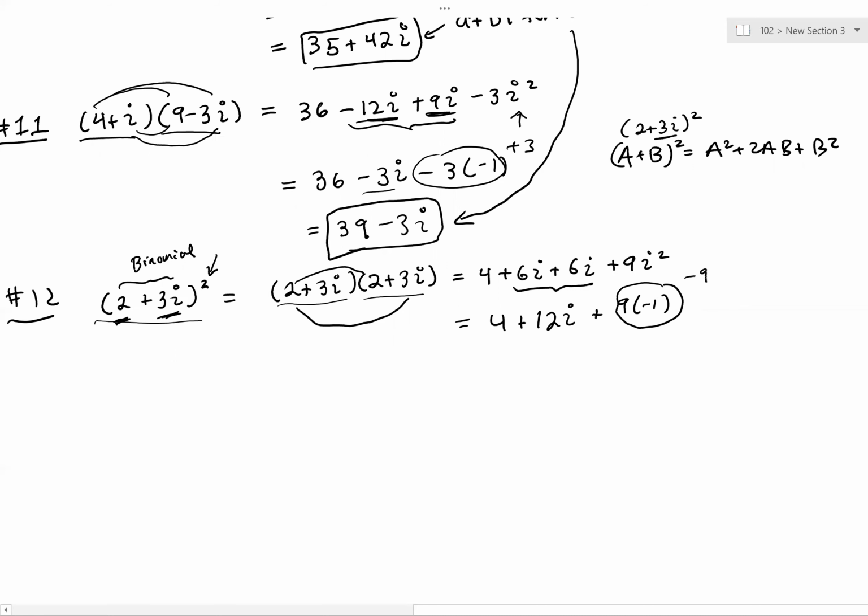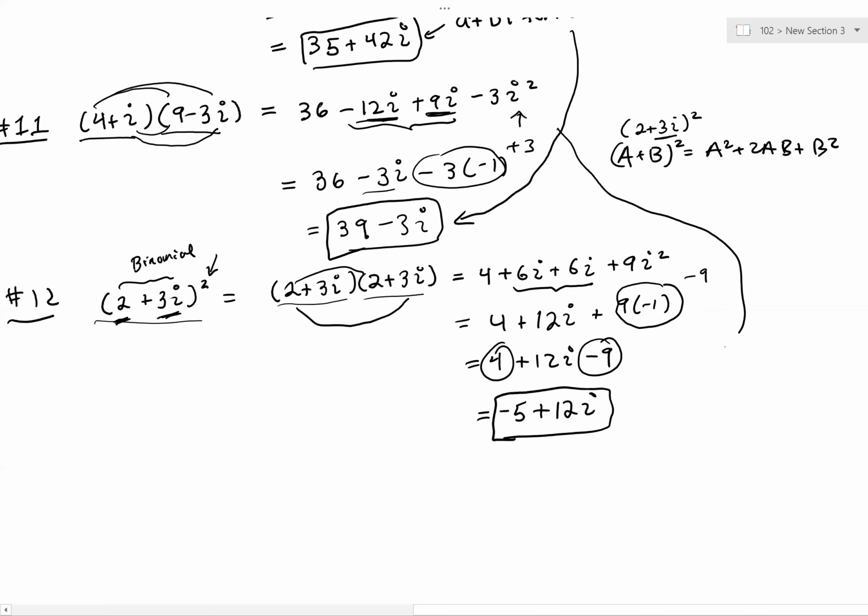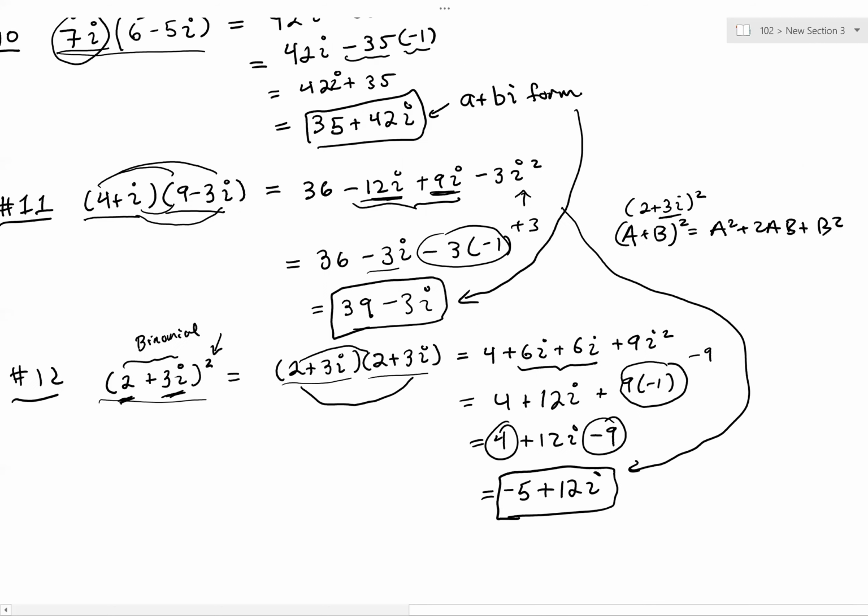So really that's subtracting 9. So really we have 4 plus 12i minus 9. And finally, I can combine those two real numbers to get negative 5 plus 12i. Again, I'm writing the real number in front because of a plus bi form, right?